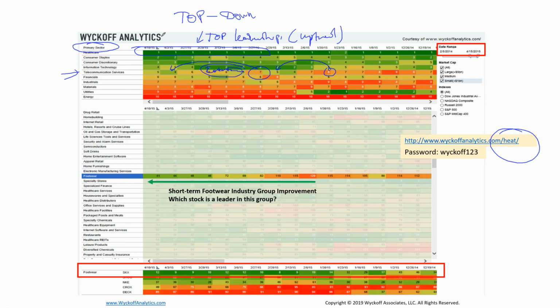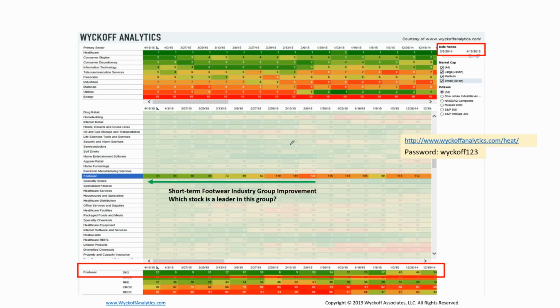Therefore, we need to look at this rally and make an assessment as to whether there are any candidates that would show the relative strength, show the correct structure, and show us the correct timing. So what would we do here?